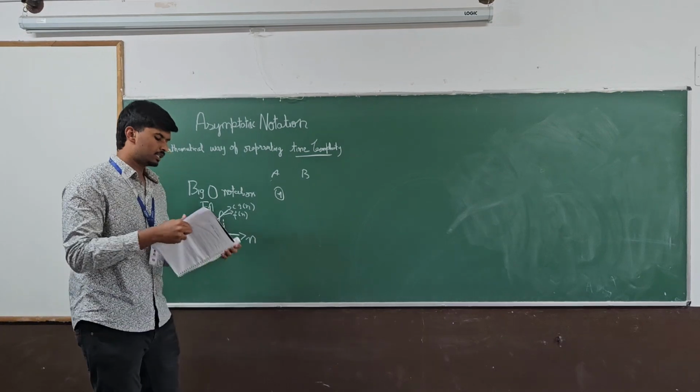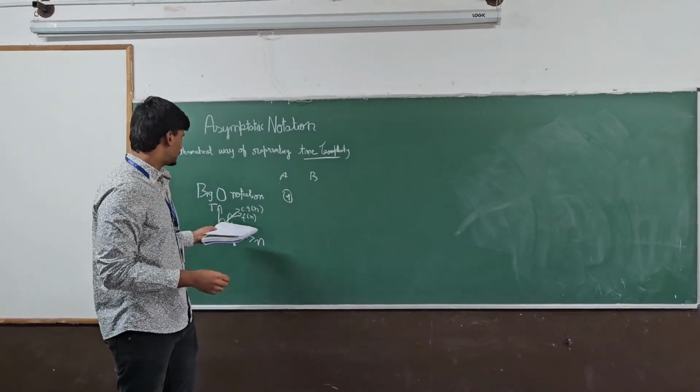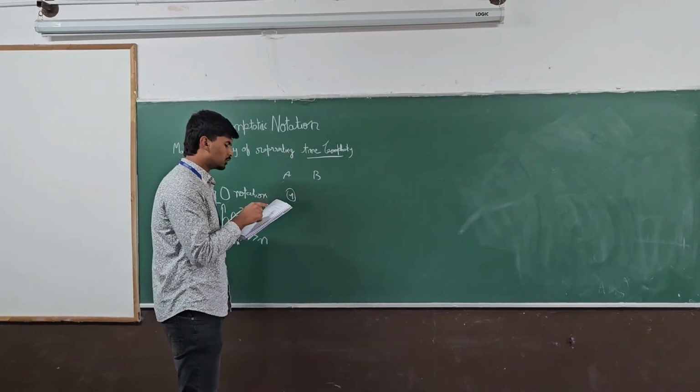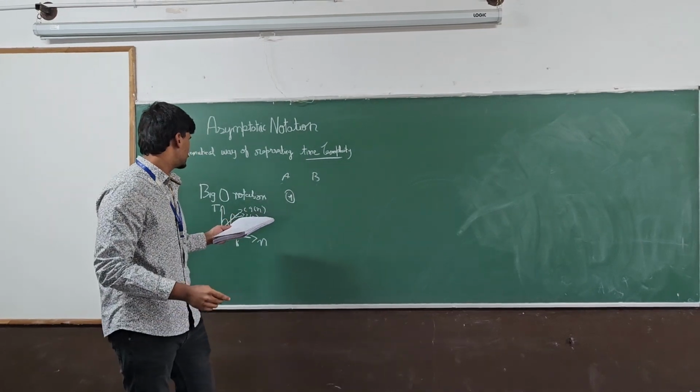There is a condition that k is always greater than or equal to 0, n should be greater than or equal to 0, and c is greater than 0.